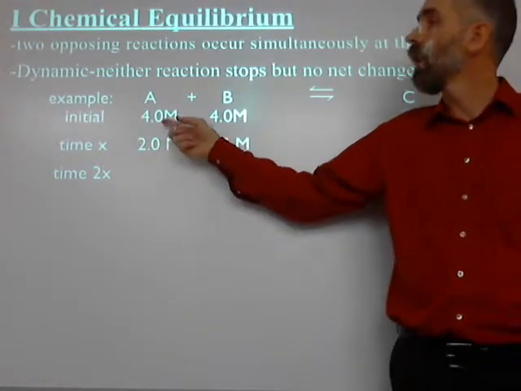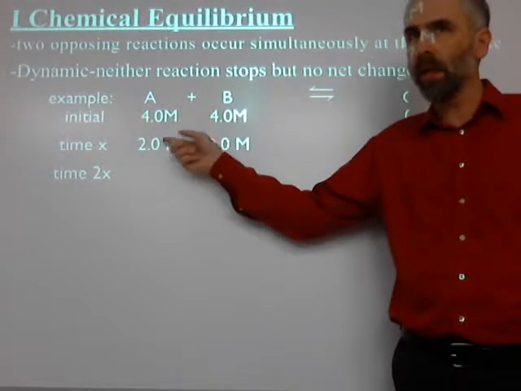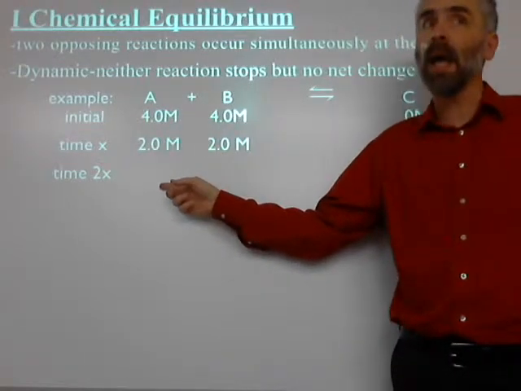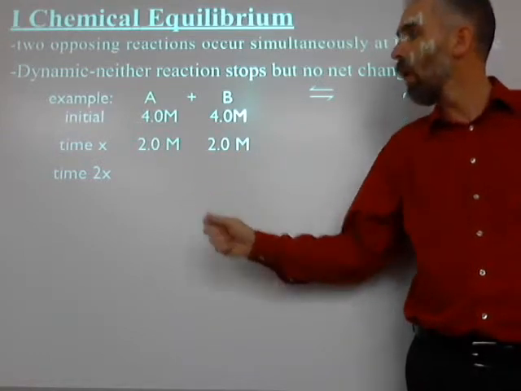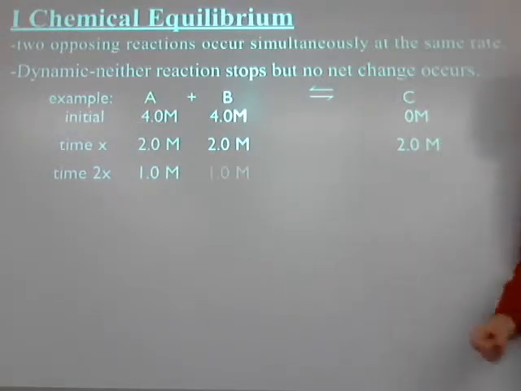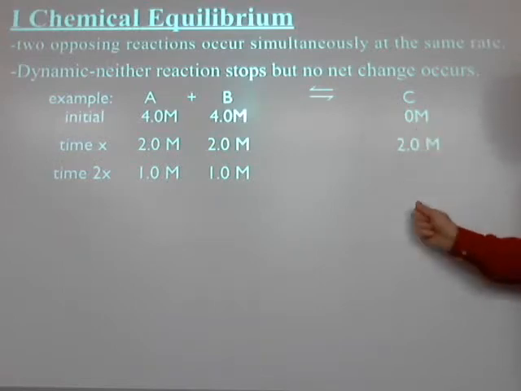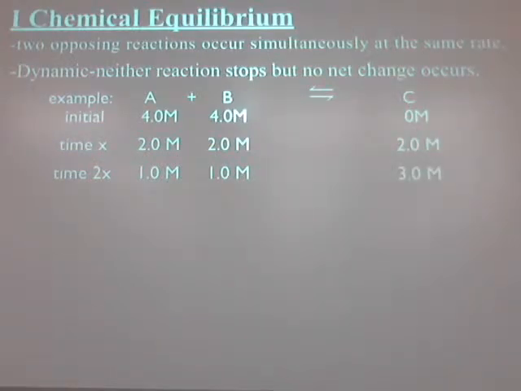Why? Because the rate was a certain speed between here and here, but now it's going to be half that speed, because you have half as many reactants. So I might have 1 mole of A and 1 mole of B coming together. How much total C will I have now? 3. Because I have 1 more on top of the 2 I already had, so now I've got 3.